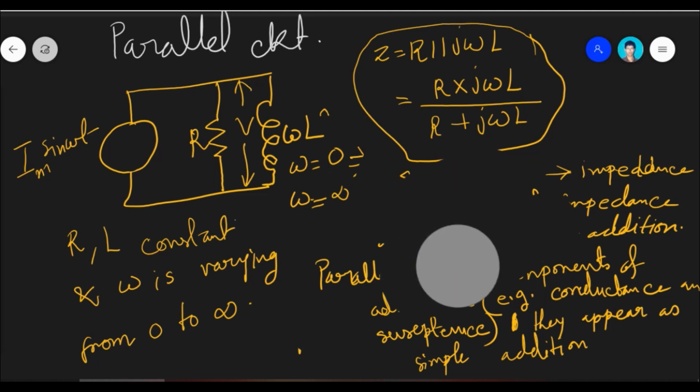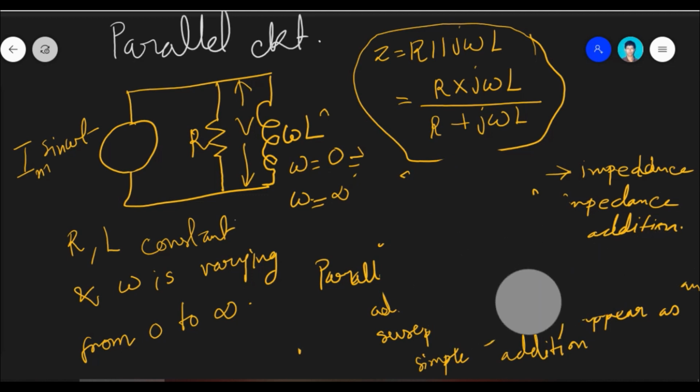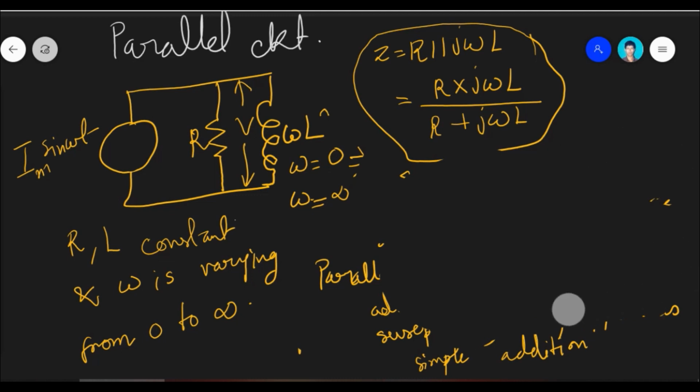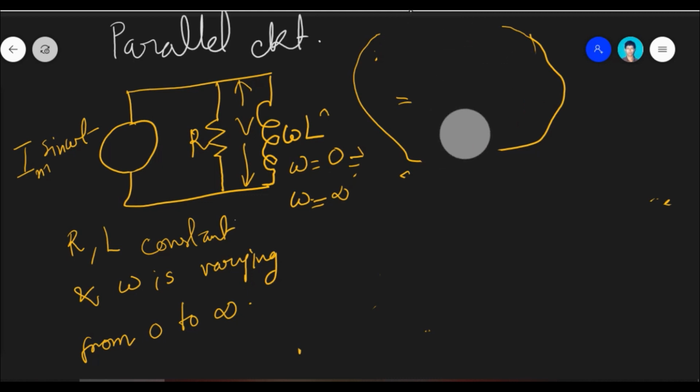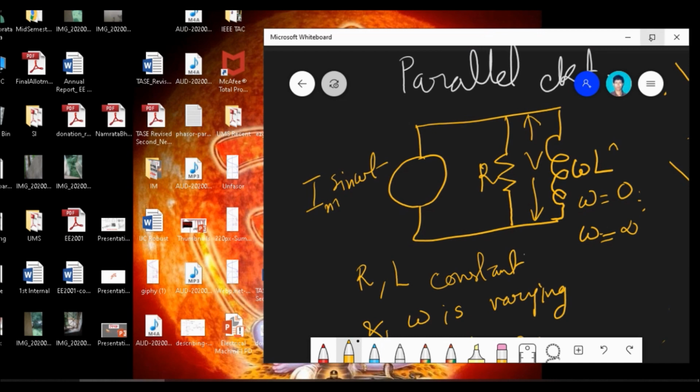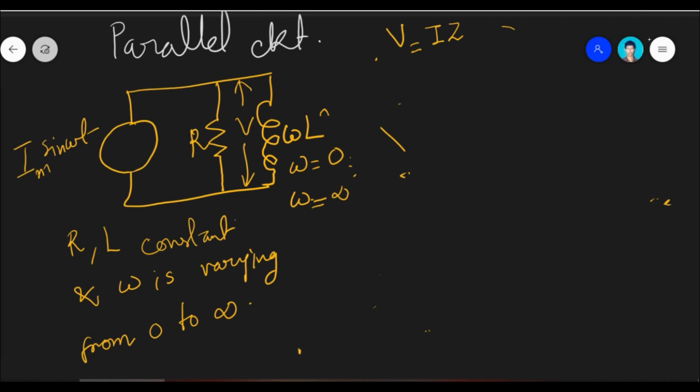Your voltage V is equal to I into Z. For a parallel circuit, what is the formula?